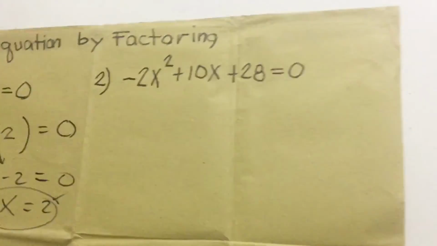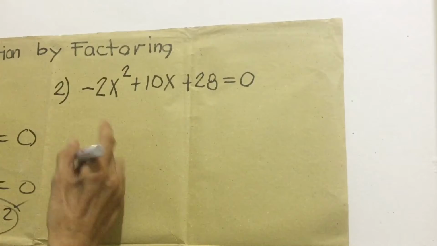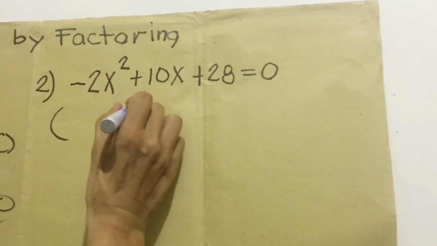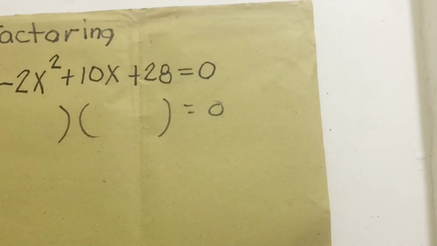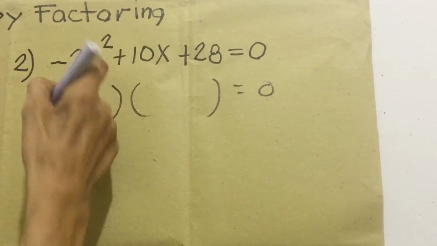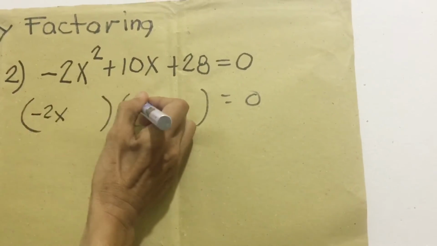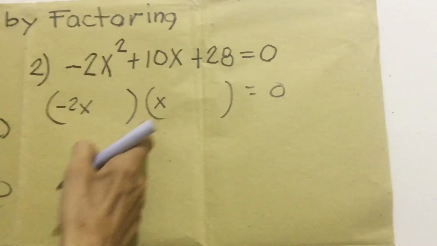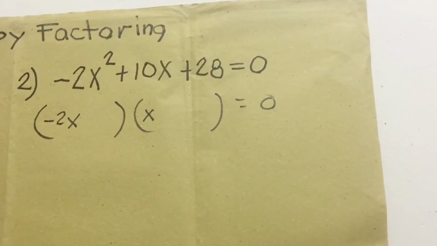Okay, let's try number 2. Since it's a quadratic equation by factoring, we will use two parentheses. Then you have to find the factors of negative 2x squared: negative 2x and x. Then check again, negative 2x times x equals negative 2x squared, correct?